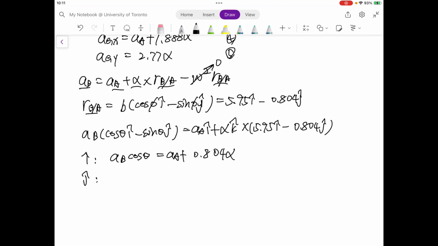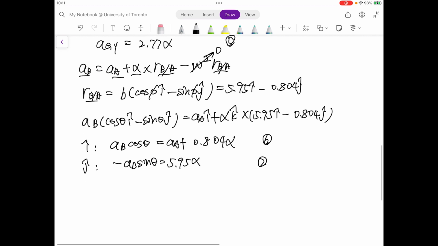In J direction, it will be negative a_B sine theta is equal to 5.95 alpha. Here's our equation number 6 and 7.